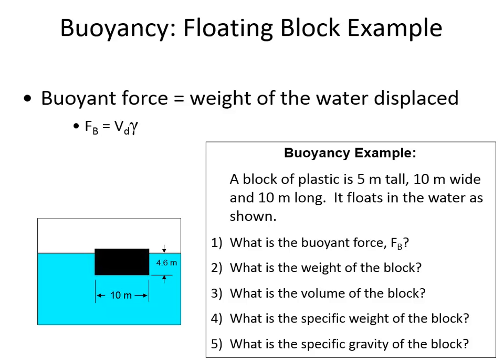But as you point out, mercury is so dense that in this case, if it had been mercury, then it wouldn't be so deeply submerged. It would be sitting up much higher in the liquid, because for however much this block weighs, it wouldn't need to displace as much. In fact, it would need to displace 13.6 times less.